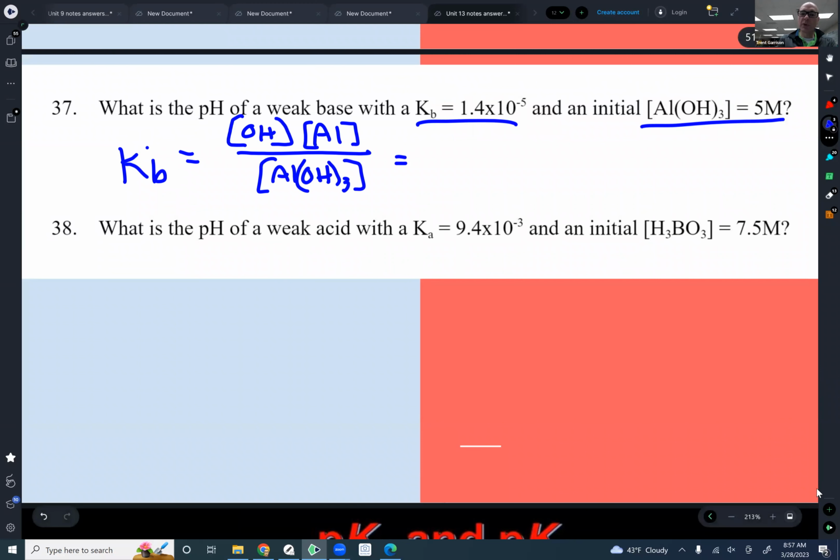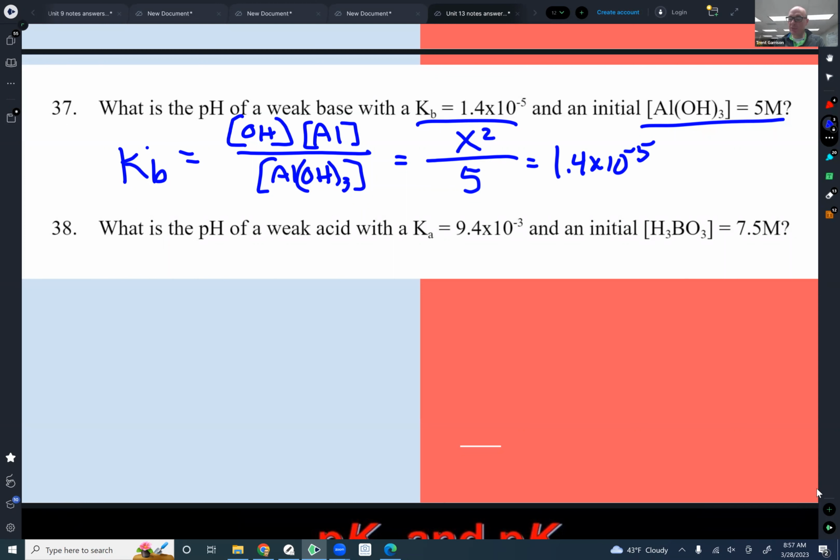Okay, so we're going to simplify and say that those two values up here are the exact same, how they dissociate. So it's going to be X squared over the concentration they give us, which is 5, equal to 1.4 times 10 to the negative 5.